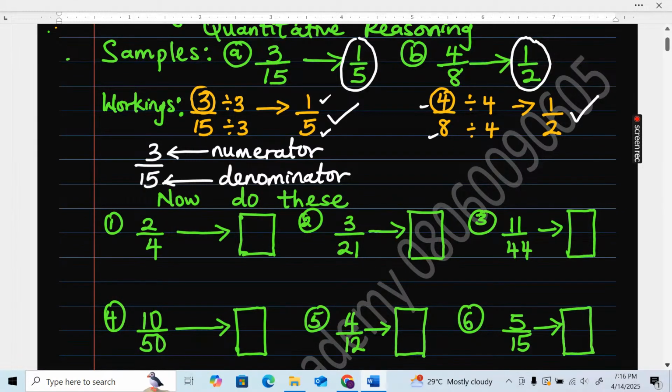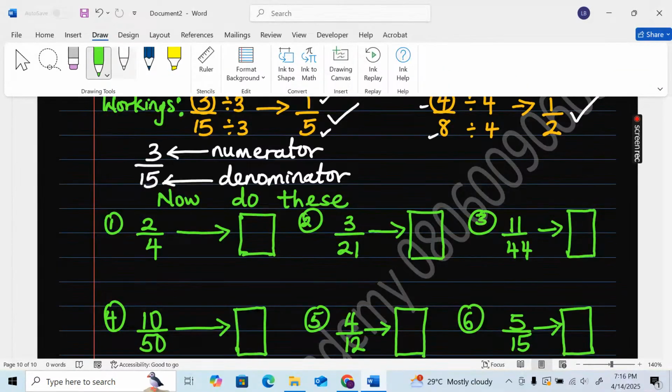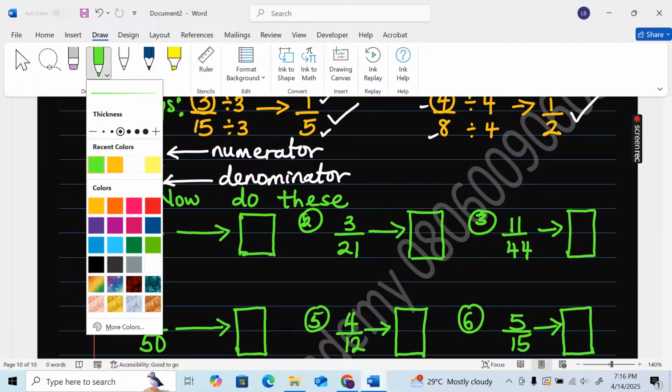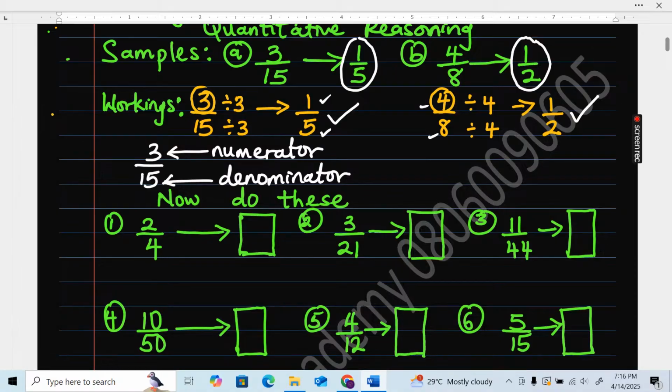So let us figure out the answer. At the count of 10, you will have to stop. Make sure you write the workings, show your workings. You have to be able to show us how you arrived at the answer. Make sure you show your workings on how you got your answer.